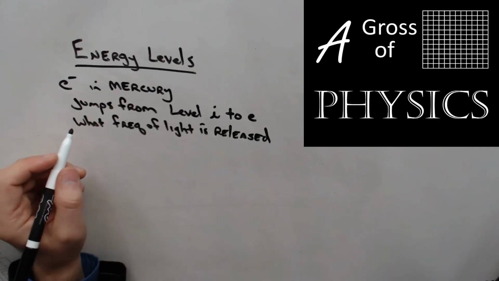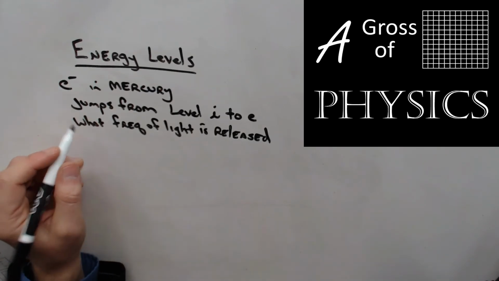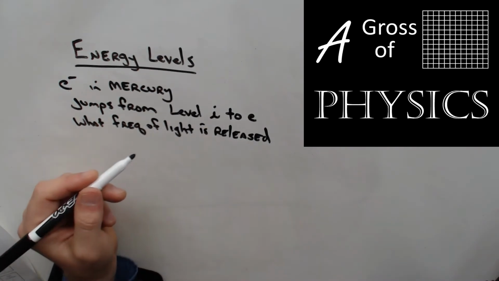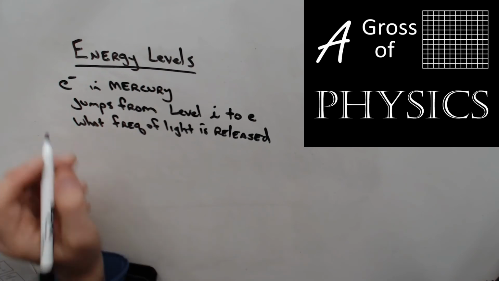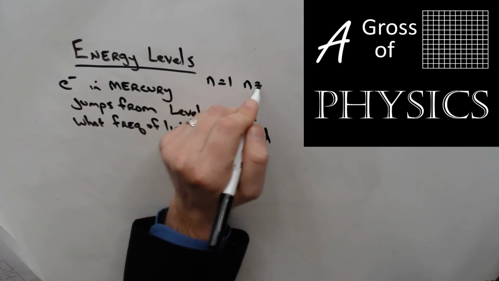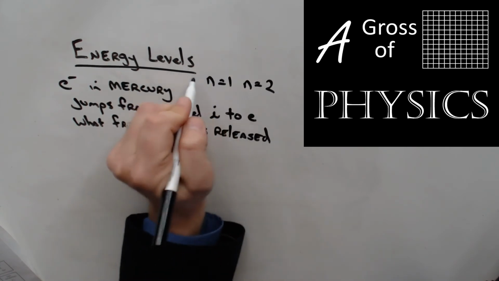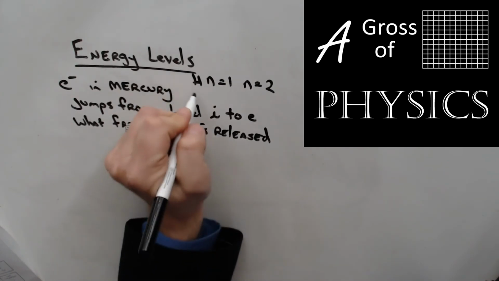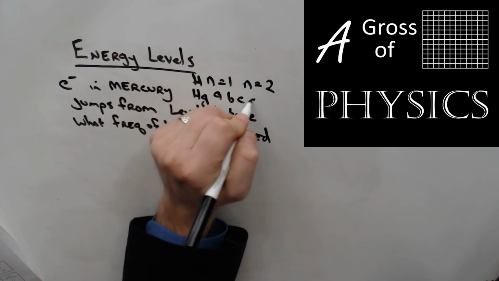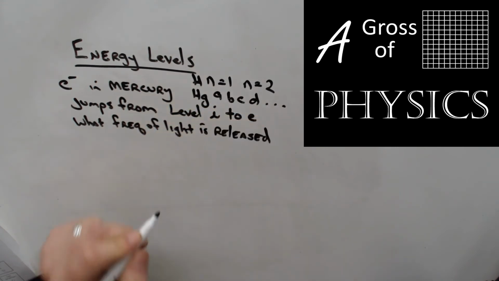Now we have a sample problem here where the electron is in mercury and it's going to jump from level I to E. Now for the hydrogen atom, we list the energy levels as n equals 1, n equals 2, n equals 3, etc. So this is for hydrogen. For mercury, what we have is A, B, C, D, etc. So we have letters instead of numbers.